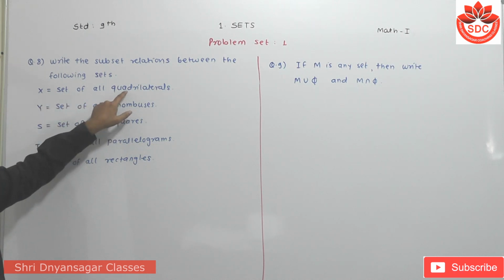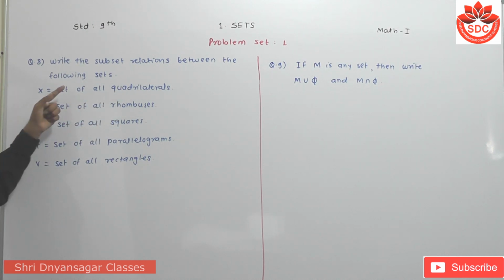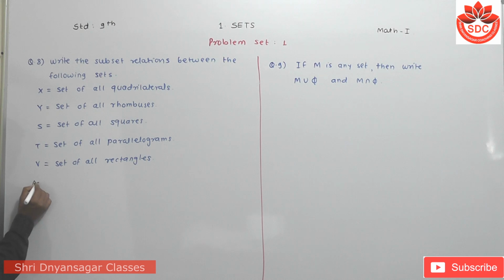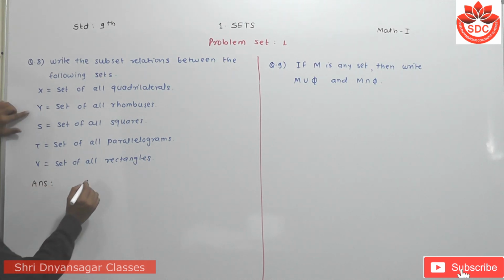This is the bigger set here, quadrilaterals, which means all these are subsets of this set. So for the answer, first I have to take Y.